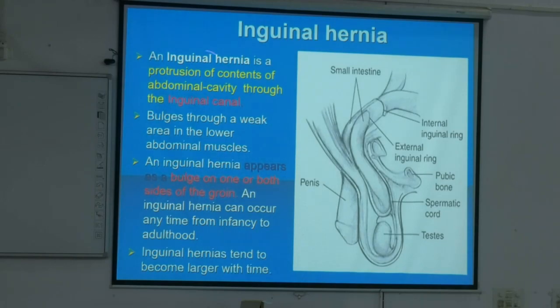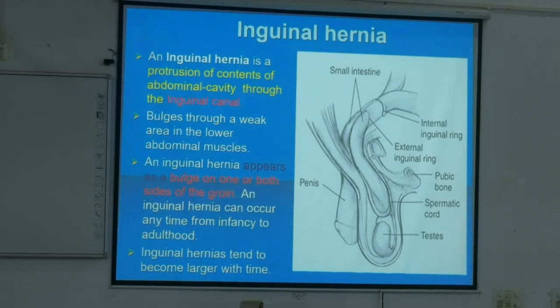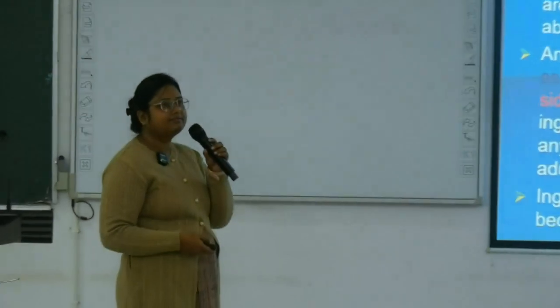An inguinal hernia bulges through a weak area in the lower abdominal muscles, and appears as a bulge on one or both sides of the groin. An inguinal hernia can occur any time from infancy to adulthood. And inguinal hernias tend to become larger with time, due to straining. During defecation, micturition, you have to strain, so hernia will increase.